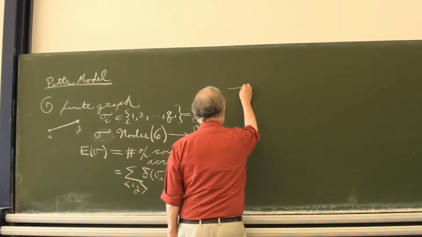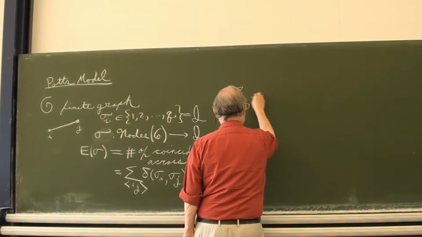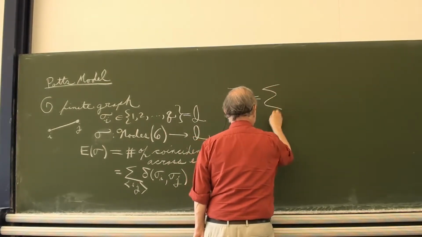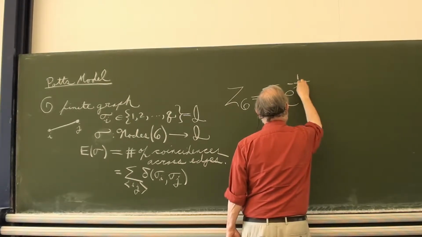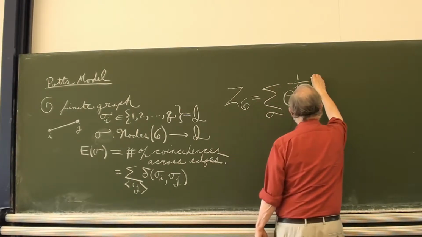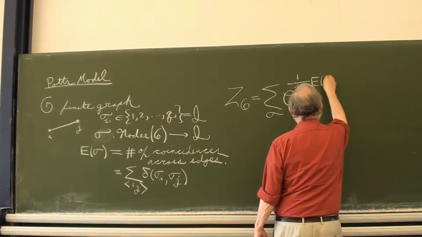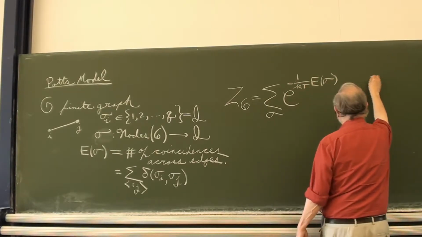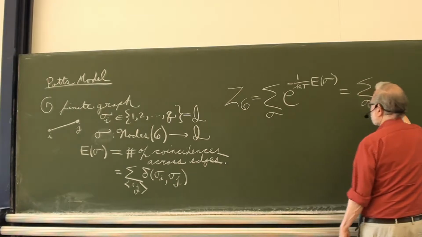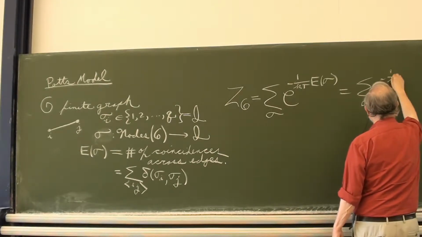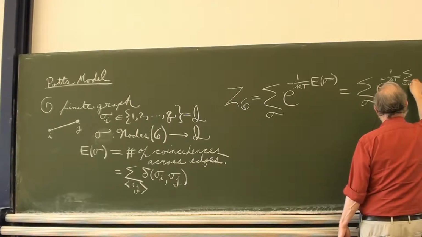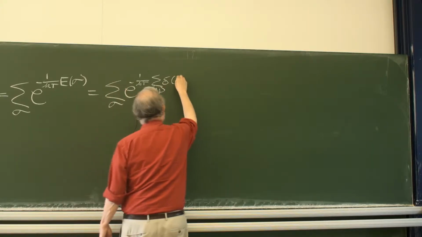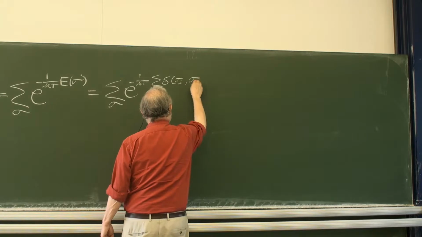And so therefore, the partition function is equal to the sum over these states of e to the minus 1 over kT times the energy of the state, and that's equal to the sum over the states of e to the minus 1 over kT times the sum over the edges of delta of sigma i, sigma j.